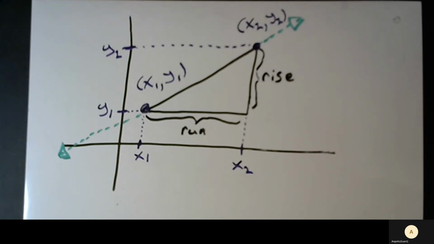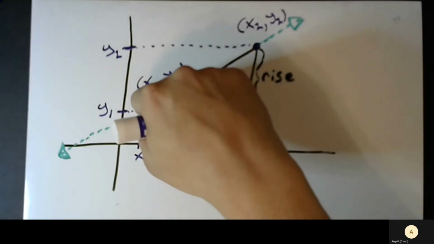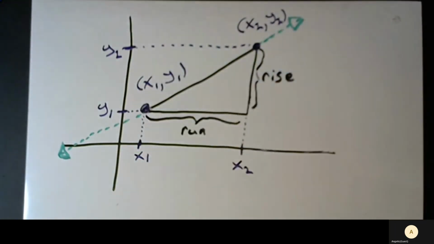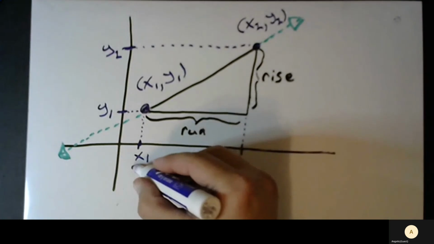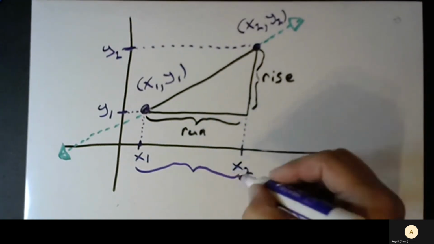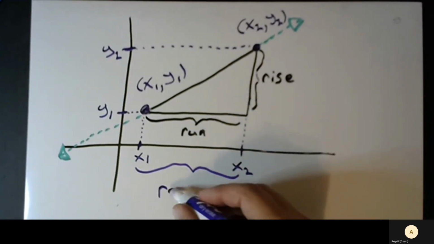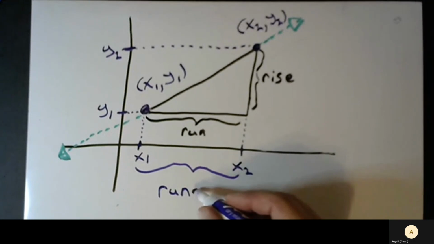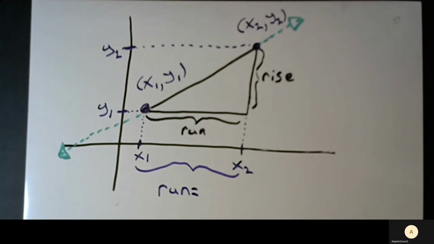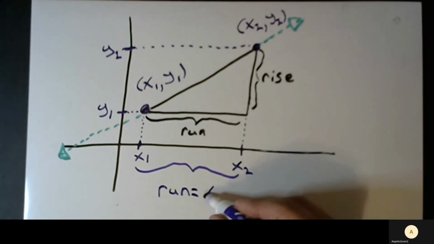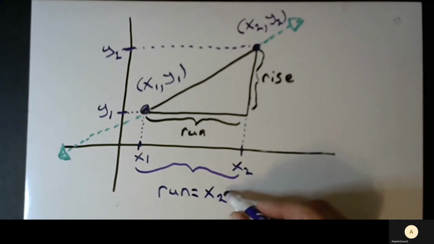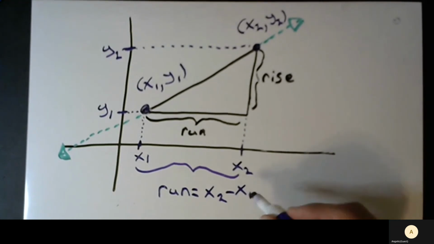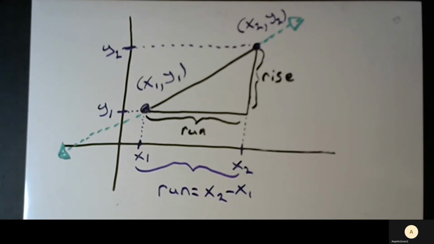And what we're going to find out is that the distance between here and here, the base of our triangle, well, that's the same distance here. This is also the same distance of the run. And to compute this, you take the larger x coordinate and subtract from it the smaller one.